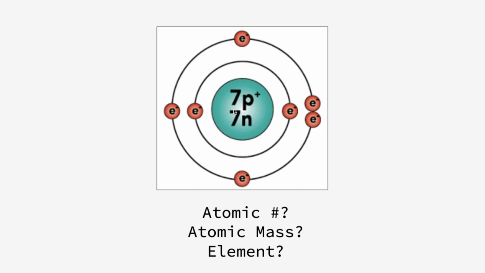And if we also look at nitrogen, you can look at its atomic mass, and it should be around 14.007, which is very, very close to our 7 protons plus 7 neutrons, which equals 14. And so therefore, our element is going to be nitrogen, and the symbol representing nitrogen is going to be N.